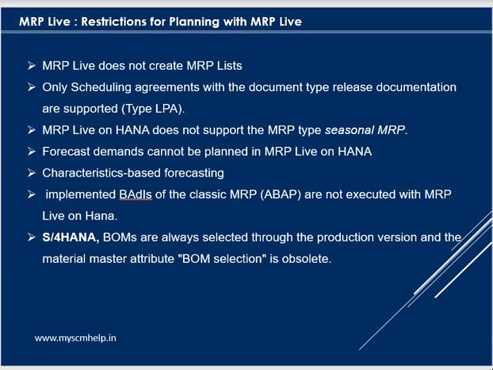In an S/4HANA system, if you try to retrieve data using these, you will not get any output. What we understand is that the reason behind this is to simplify the process and to avoid any redundant data generation.